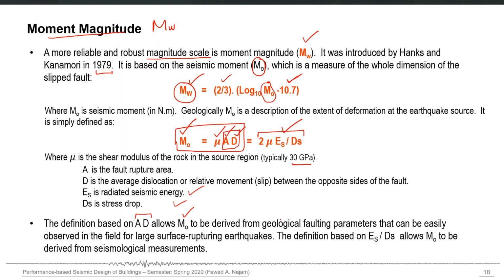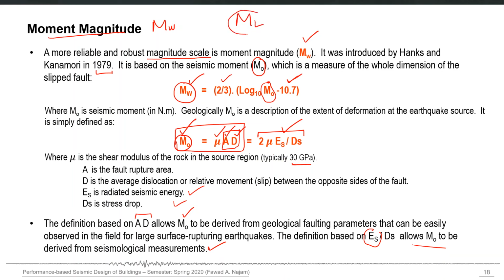So after an earthquake, you have to calculate the actual rupture area, which requires geological study, and the actual slip also. Then you will be able to calculate MW. The other definition, based on the radiated seismic energy, allows M naught to be derived from seismological measurements. That is relatively easy to calculate, but it will still take more time compared to calculating ML.